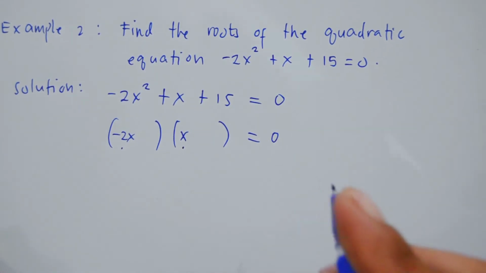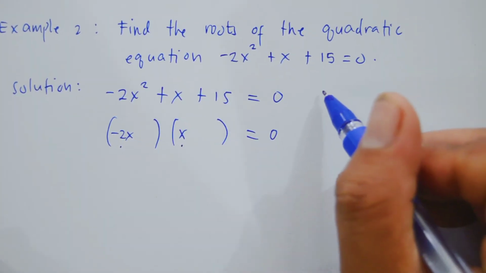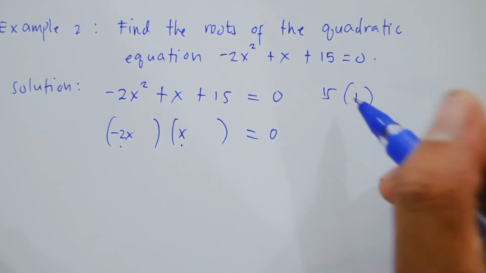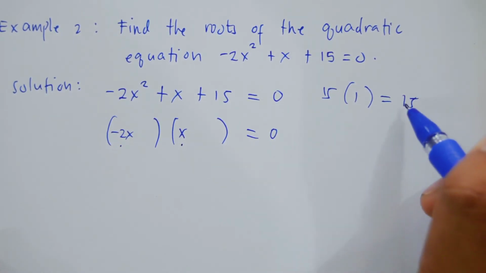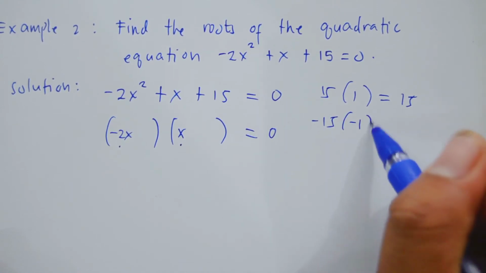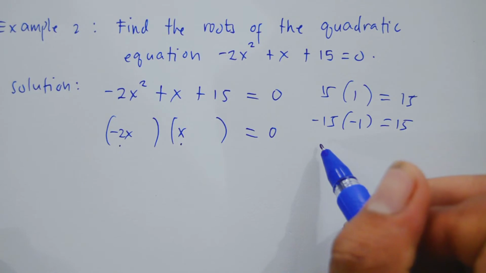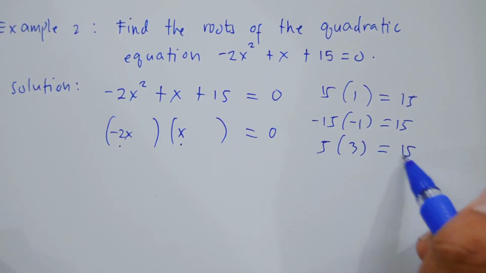Okay, then list the factors of 15. So these are 15 times 1, that is equal to 15. Then negative 15 times negative 1, the result is positive 15. And we have 5 times 3, the result is 15 also.